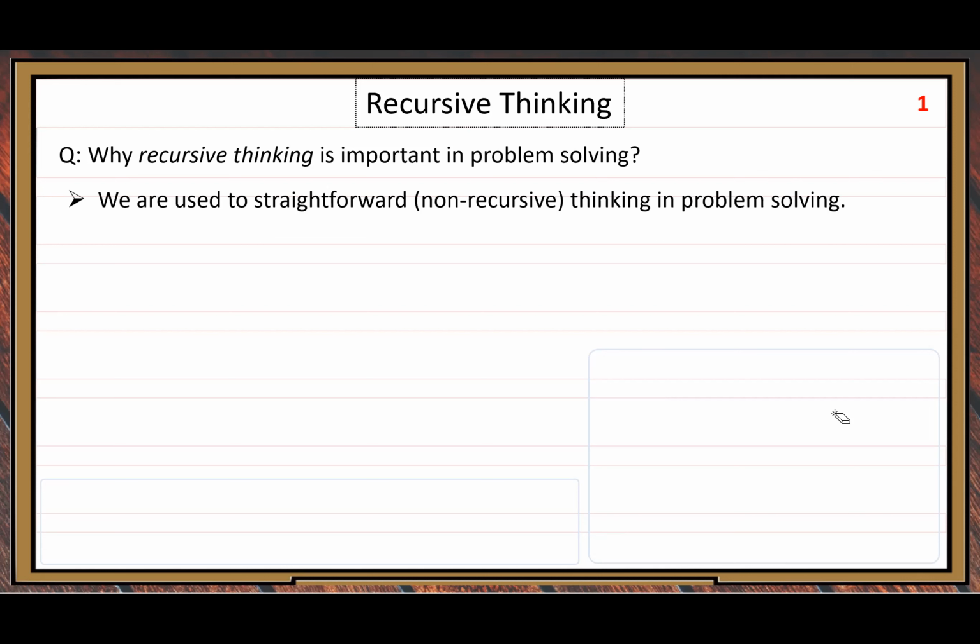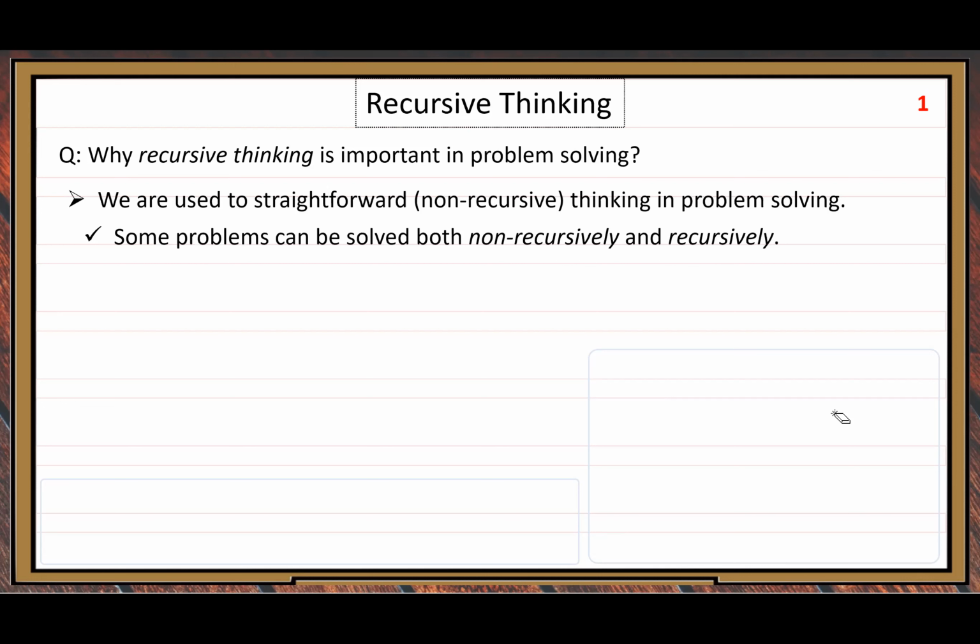You need training and practice to get used to recursive thinking. If you do not have enough training, sometimes you cannot handle the complexity of recursion. But it's not hard. After some examples and practice, you can get there.